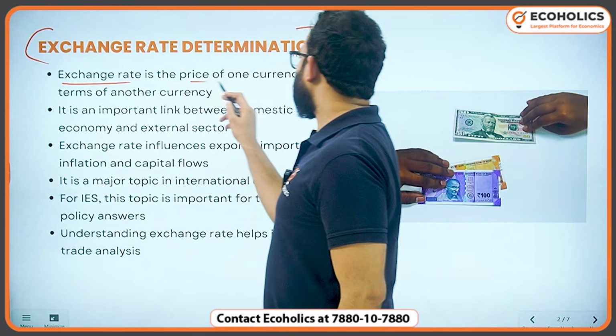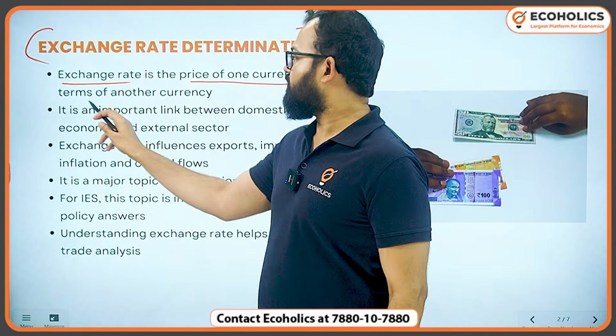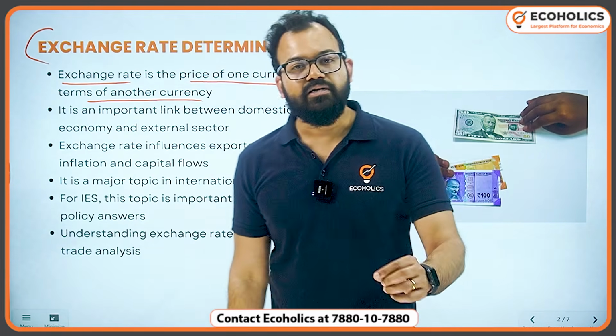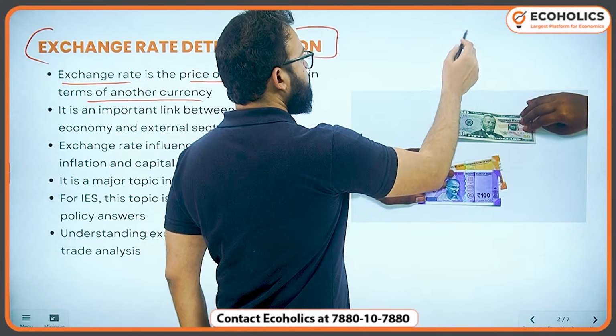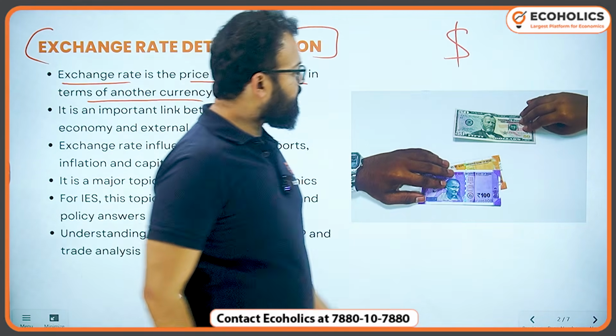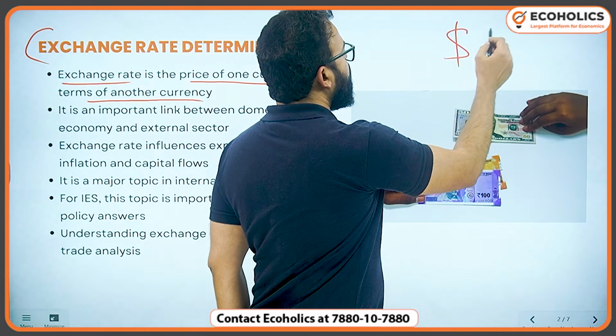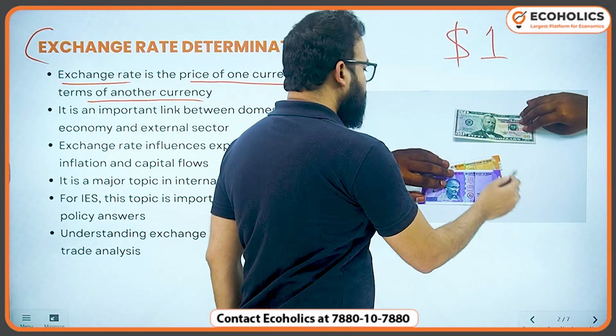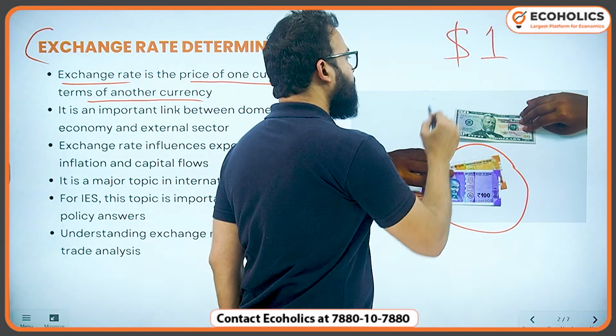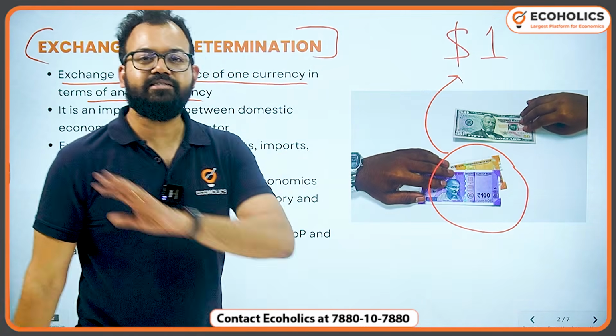Exchange rate is the price of one currency in terms of another currency. Now consider US dollar as a commodity. For example, if I have to buy $1, how much rupee do I need to buy this $1? That's a simple thing.